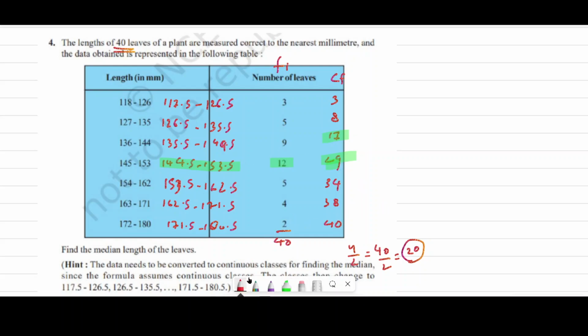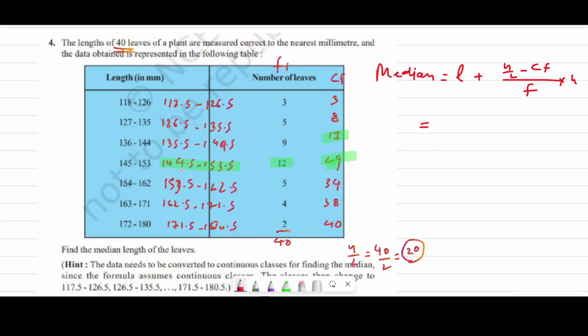Now first we should write the formula for the median. Here this is the median: L plus n by 2 minus CF by F into H. This is the formula.